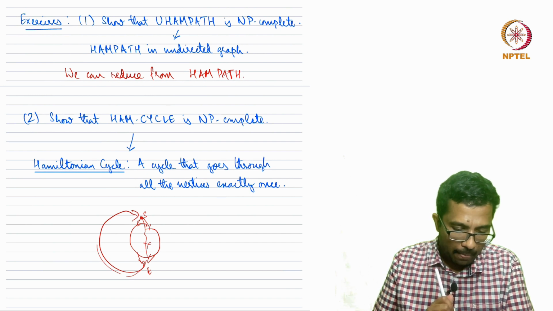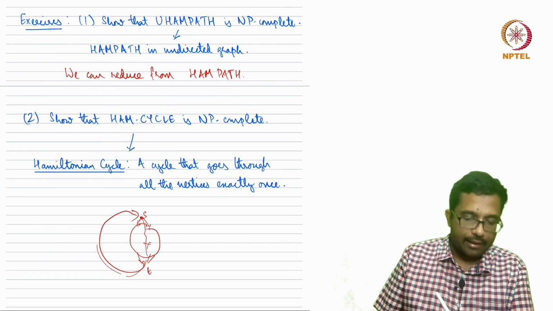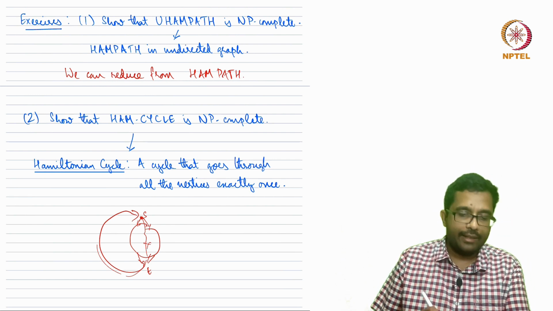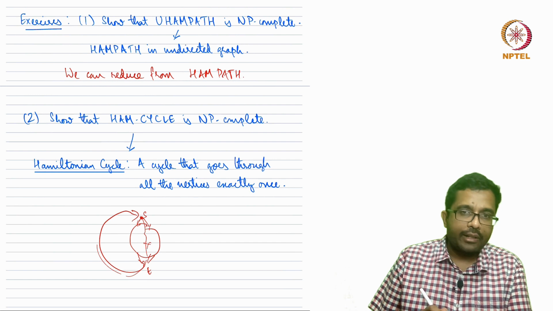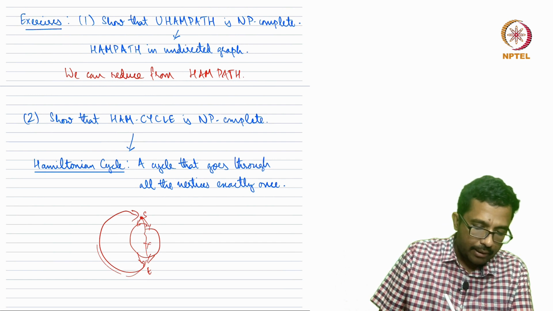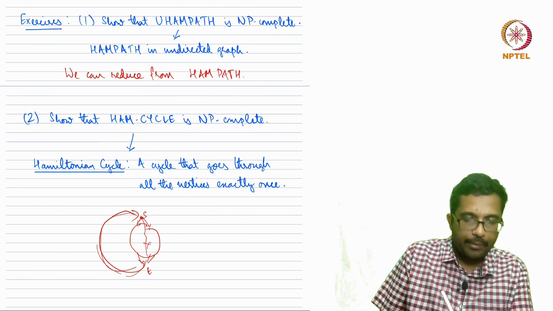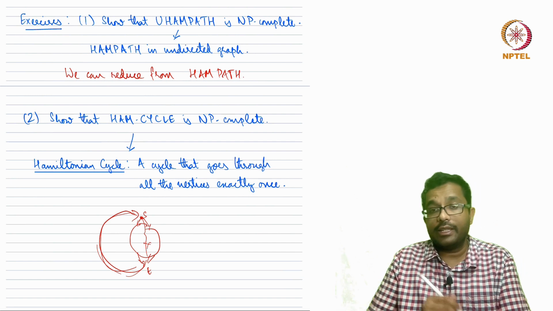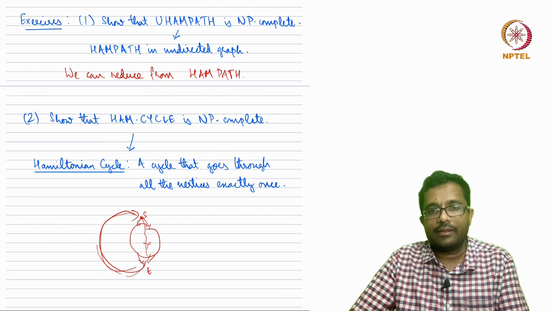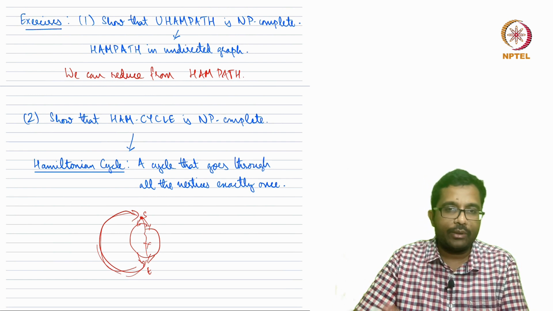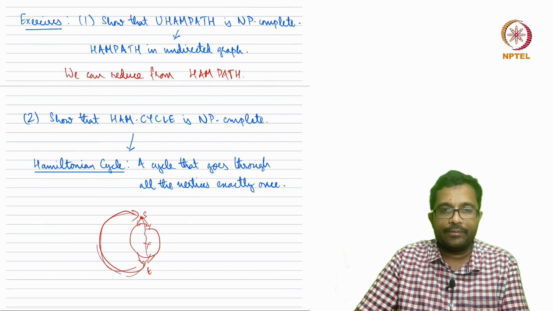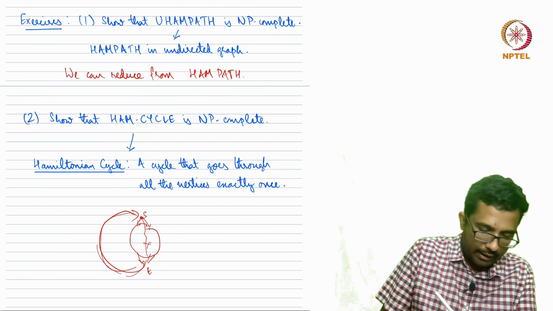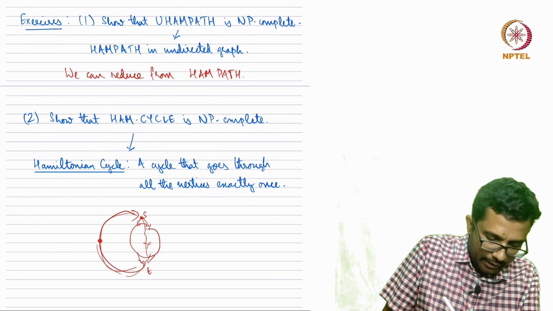But then if there is a Hamiltonian cycle, should there necessarily be the ST path? Not necessarily, because the Hamiltonian cycle may not use this new edge. It may be just going through some other way. So there need not be an ST Hamiltonian path, while there will be other Hamiltonian paths with other start and end vertices. Hence this construction is not enough, but we can add a new intermediate vertex here.